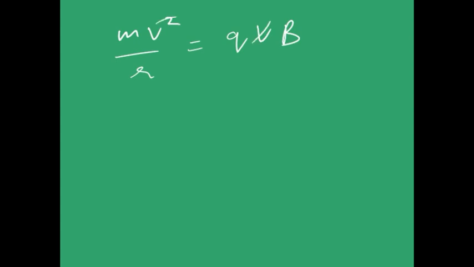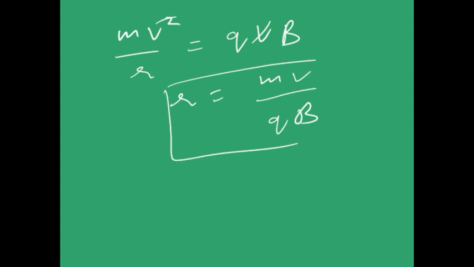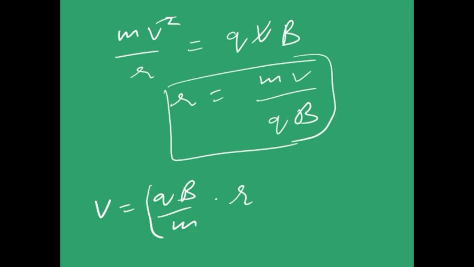What can I infer from this? The radius of the path, or the radius of the circle, is nothing but mv by qB. Remember this. The same formula can be written as v is equal to qB by m times r. Why am I writing it like this?